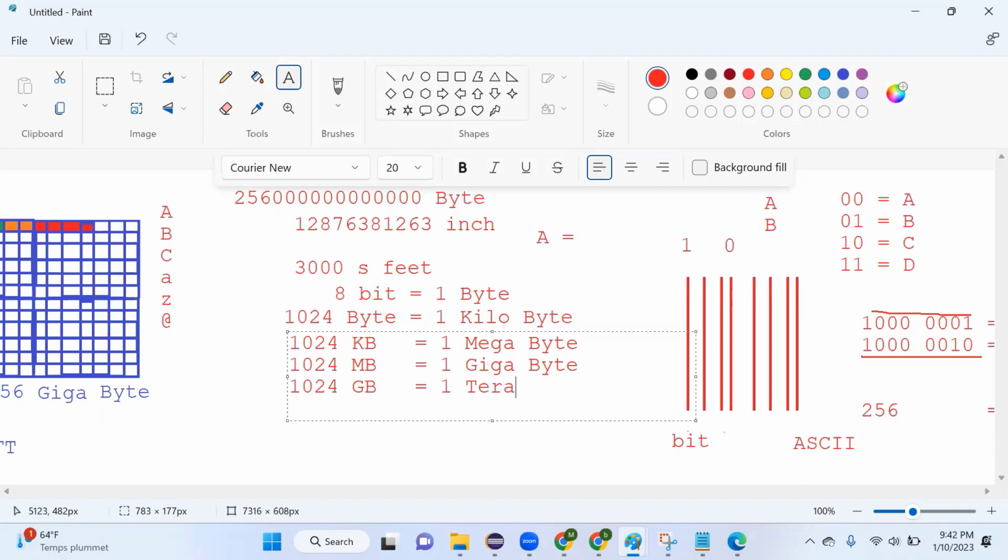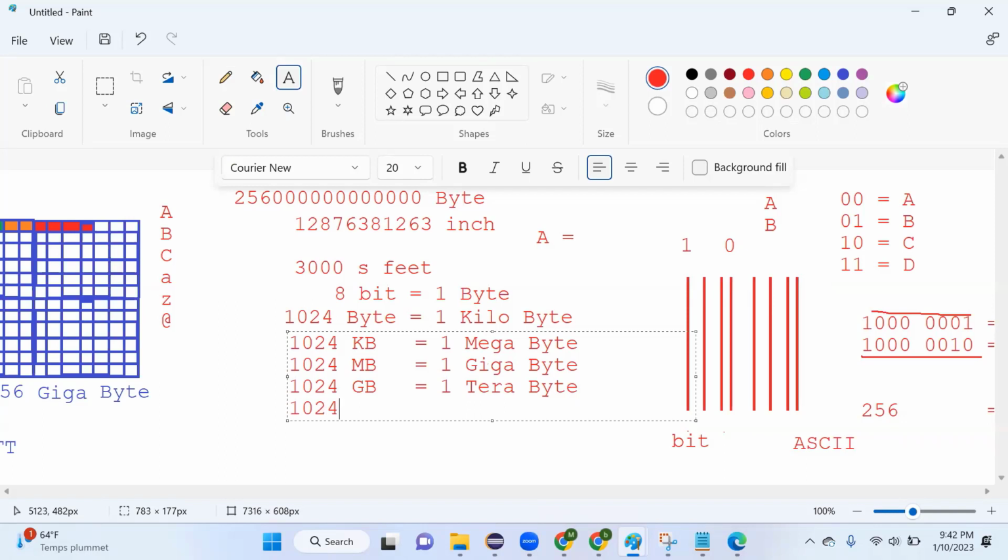Many of us have a 1 terabyte laptop hard drive. So 1 terabyte we already have at home nowadays.